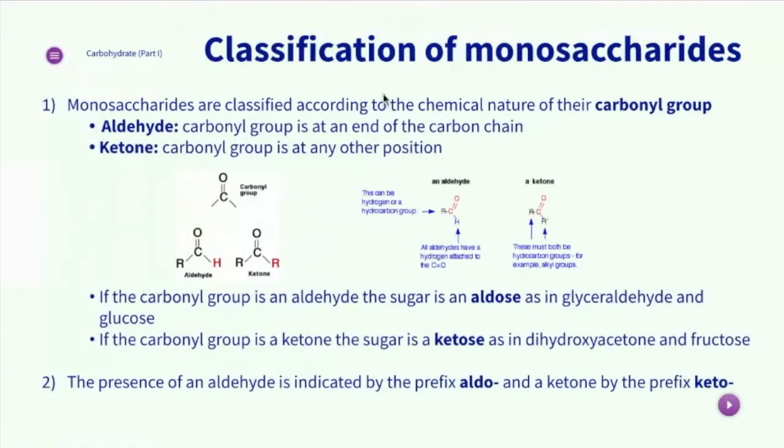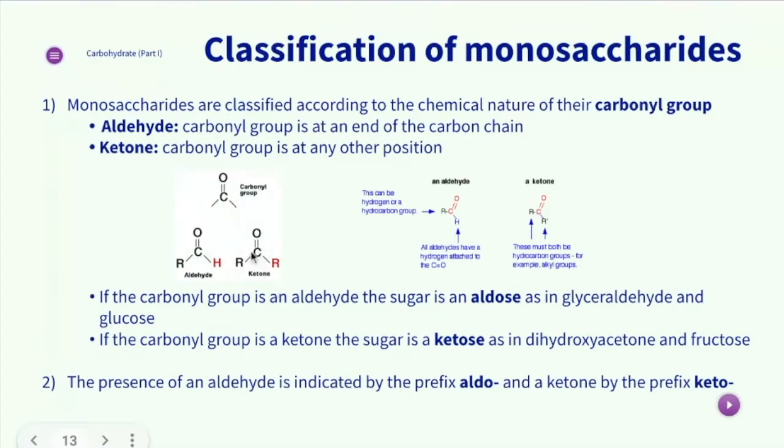Okay, so what are aldehyde and ketone? The classification of monosaccharides can be based on their carbonyl group. You should identify whether the carbonyl group is an aldehyde: the carbon double bonded with O, bonded with R, and also H, the hydrogen. So this is the aldehyde.